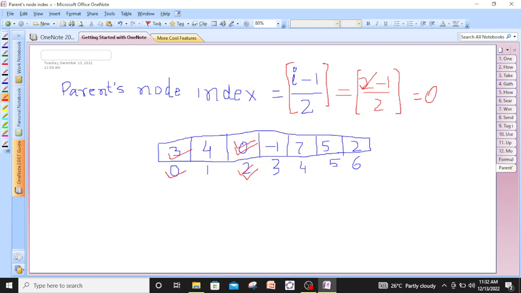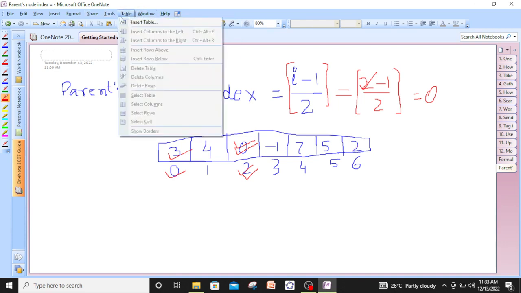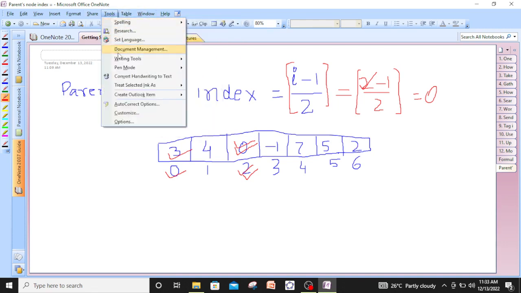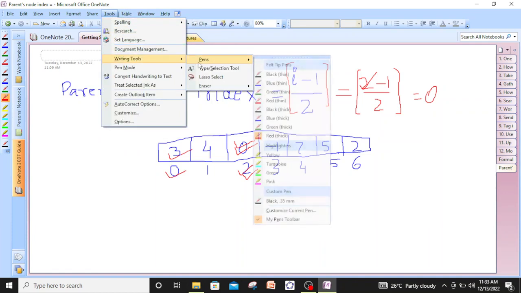So the next question, you may be requested to answer a question, and suppose that question is, what is the parent of this 2? Now I use a different color, so the writing may be clear to you, the viewers.